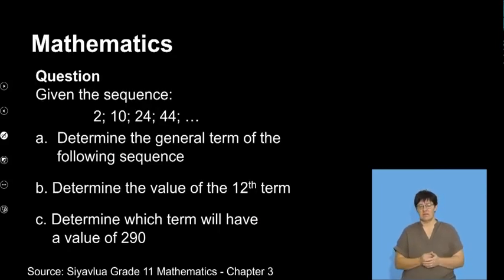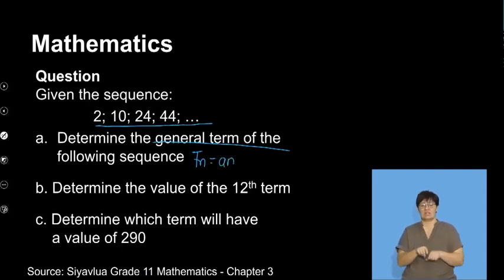So the question says that we are given the sequence 2, 10, 24, and 44. We have 3 questions that we're going to work through together. A is asking me to determine the general form of the sequence, and we know the general form is Tn equals An squared plus Bn plus C, so we still need to find A, B, and C for that.